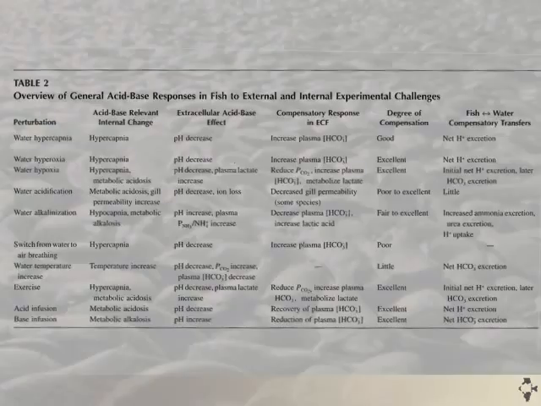Interestingly, hypercapnia, or excuse me, hyperoxia in the environment has a very similar effect. So water hyperoxia, that's the second row here, this is extremely high levels of oxygen in the environment. It causes hypercapnia and all of the same types of responses in fish, simply because the increasing concentration of oxygen in the water is going to slow down the fish's ventilation rate.